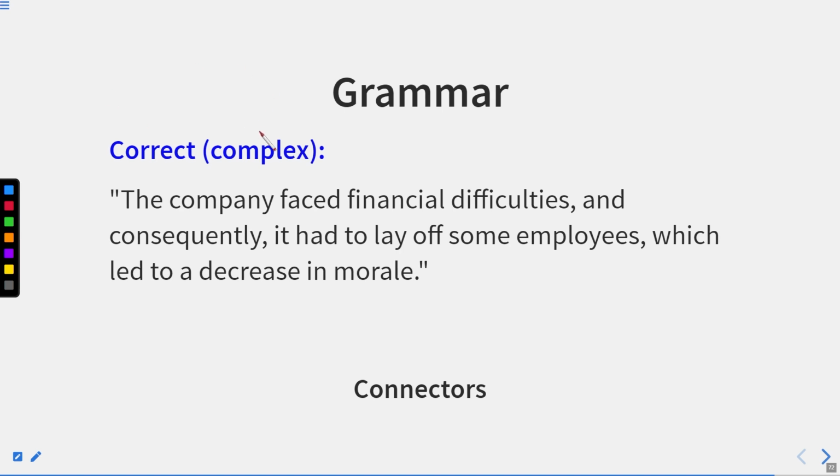Correct complex: The company faced financial difficulties, and consequently it had to lay off some employees, which led to a decrease in morale. So this is how we can use consequently in case of complex sentences.